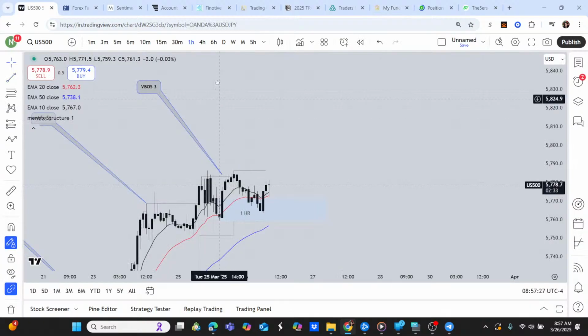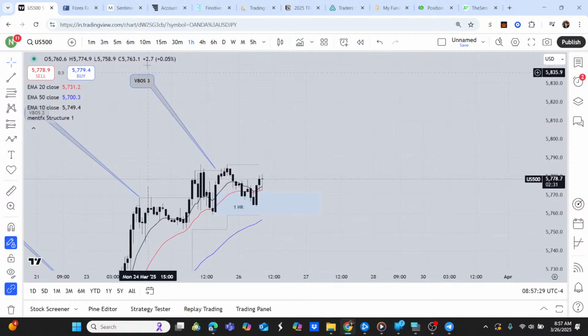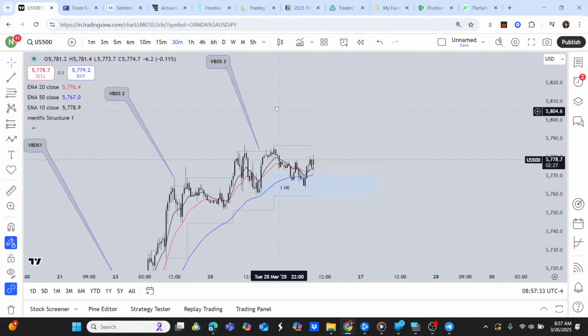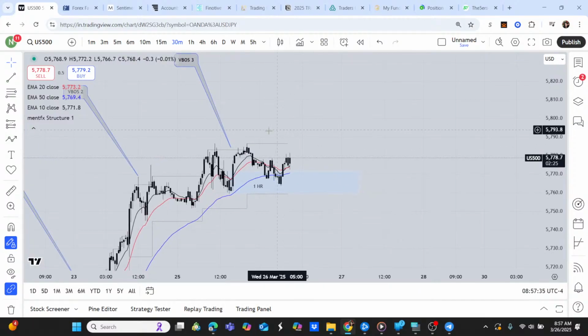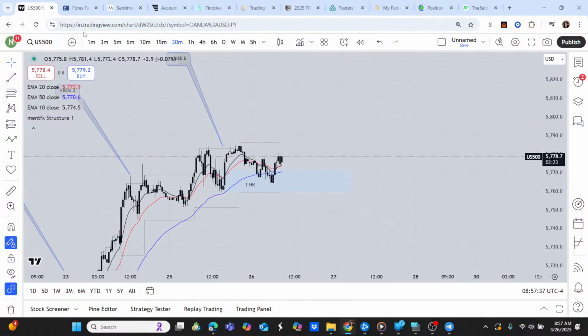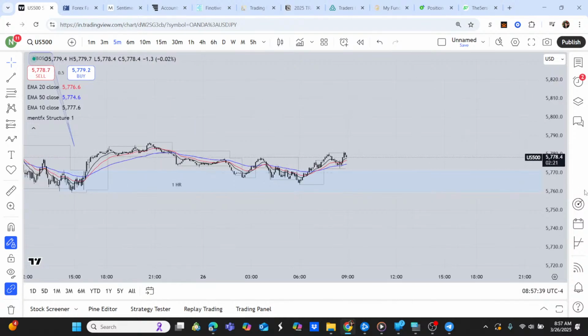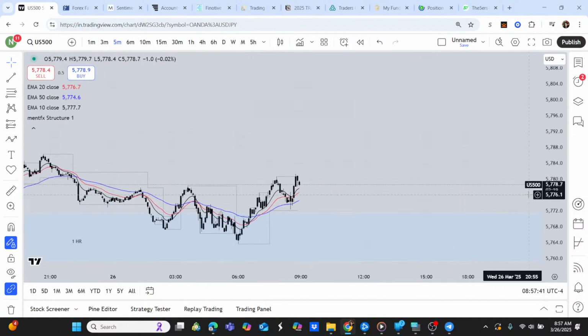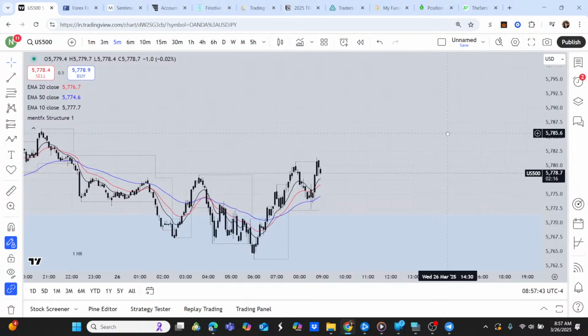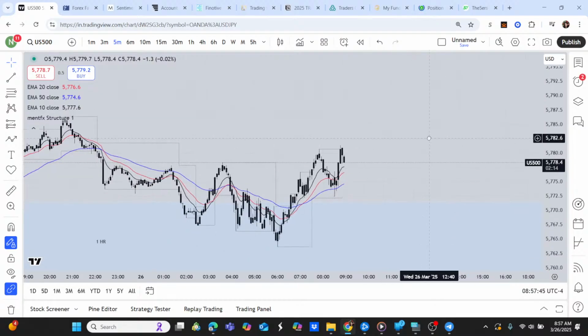But if I was looking at this for a lower time frame entry, so I got the 30 minute. So we're pausing nicely on this 30 minute as we came down. So there might be something on the 5 minute. Check back up.